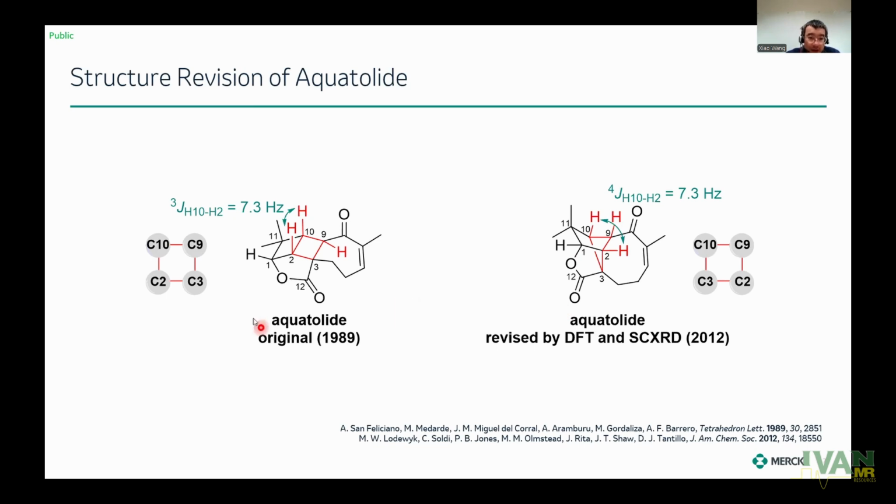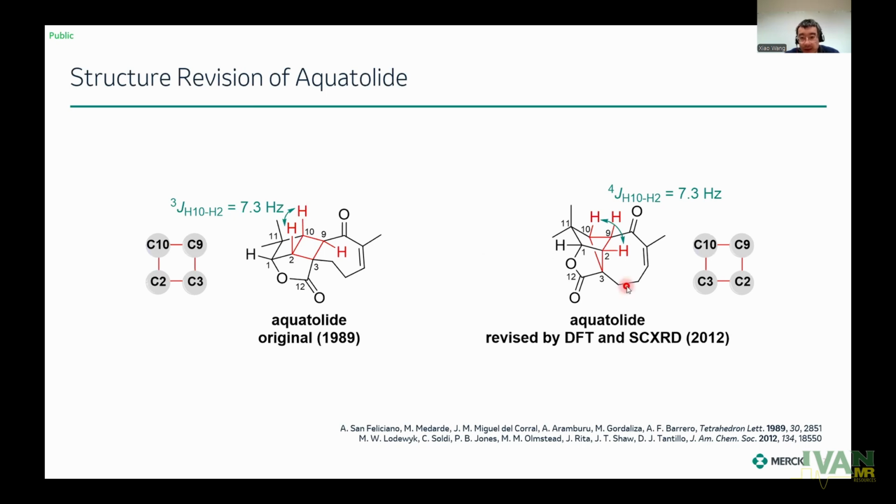In the original structure, aquatolide was proposed to have a ladder ring moiety, like two fused cyclobutane rings. The main evidence for this structure was the observation of a strong coupling between proton 2 and proton 10. They have a 7 Hz coupling between them, so naturally it was assigned as a 3-bond proton-proton coupling.